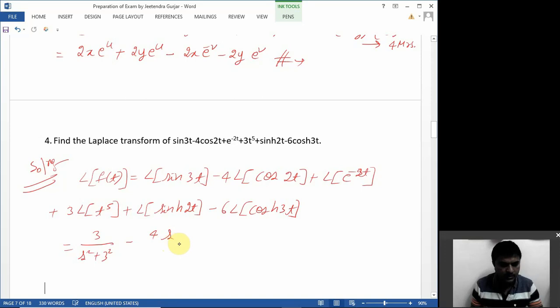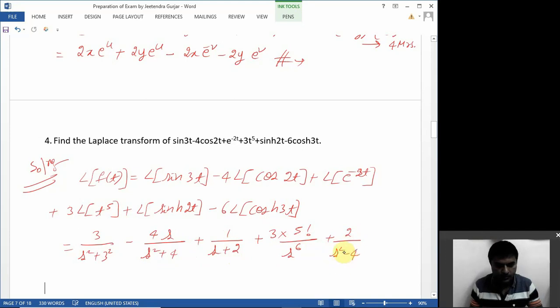So it is 4s divided by s square plus 4, plus 1 upon s plus 2, plus 3 is outside, so I will write 3 into t raised to 5. So this is 5 factorial upon s raised to 5 plus 1, that is 6. So there in the formula, plus 2 upon s square minus 4, minus 6 is there. So this is going to 6 into 3 divided by s square minus 9.